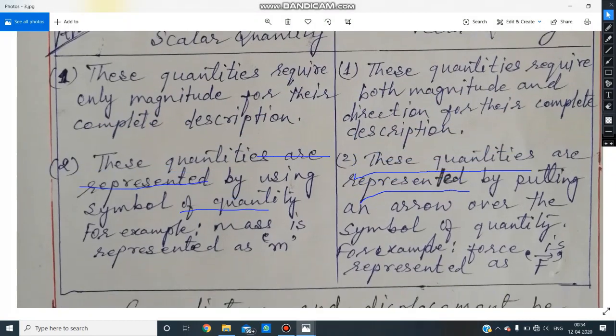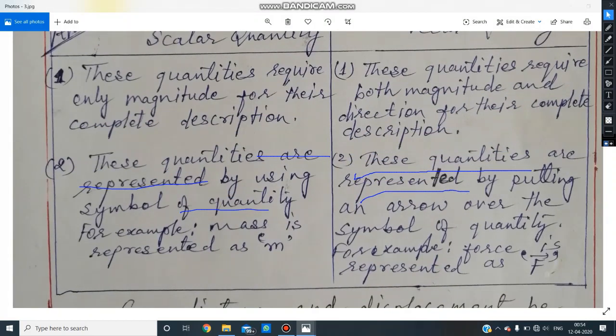Next to it, see what is the difference coming on. These quantities are represented by using the symbol of the quantity. Whenever you have to represent a scalar quantity, you just have to use the symbol of that physical quantity. For example, we know mass is a scalar quantity.